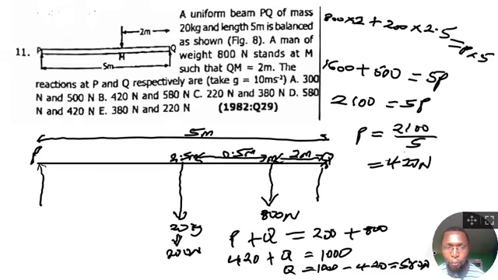All right, so we have 420 and 580. Take note of this, at P and Q respectively. So in our case, P is 420 and Q is 580. So the option is option B.